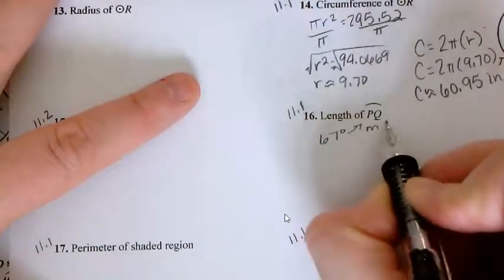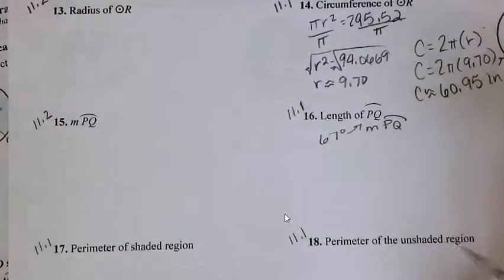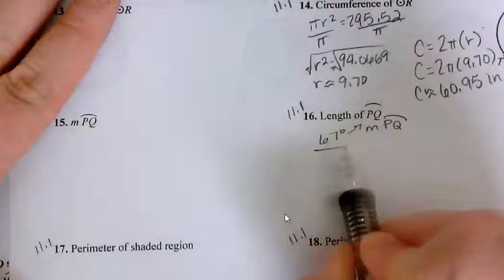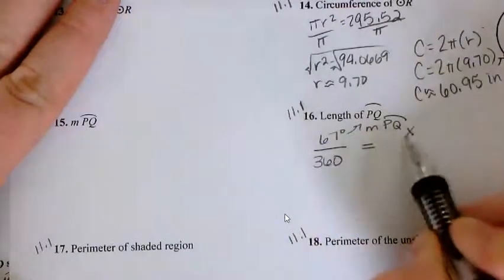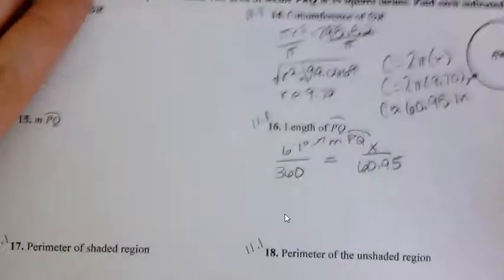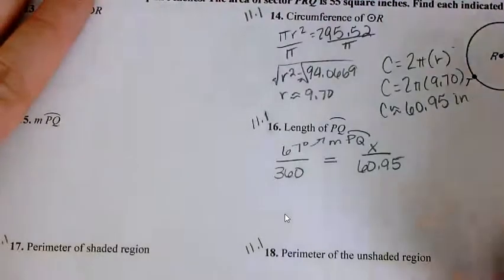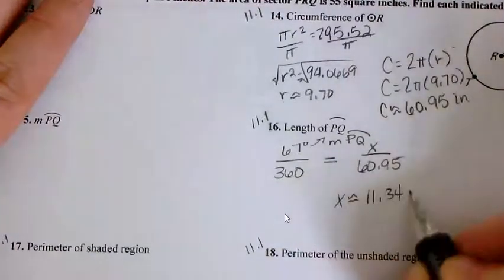You have to do number 15 before you do 16, which will be found in the 11.2 video. You divide by 360, which equals x over 60.95. When you cross multiply and divide, the length comes out to approximately 11.34 inches.